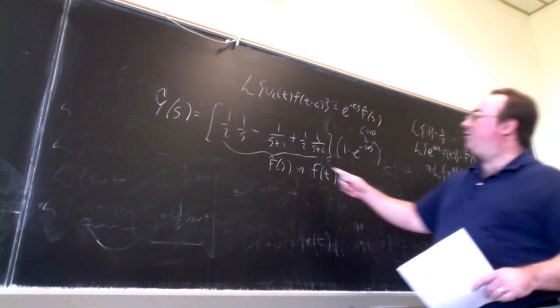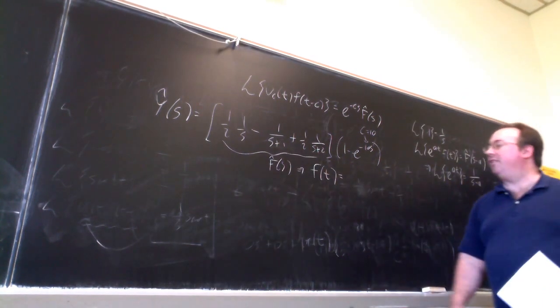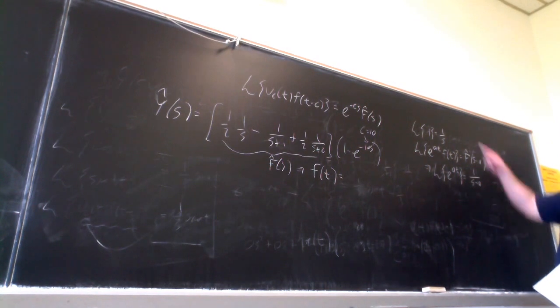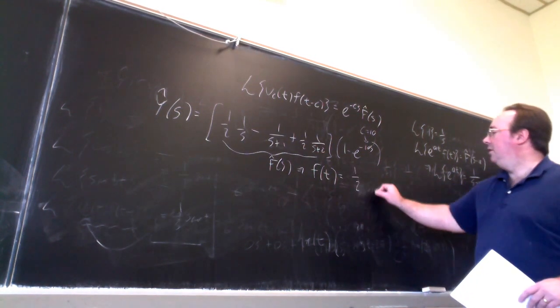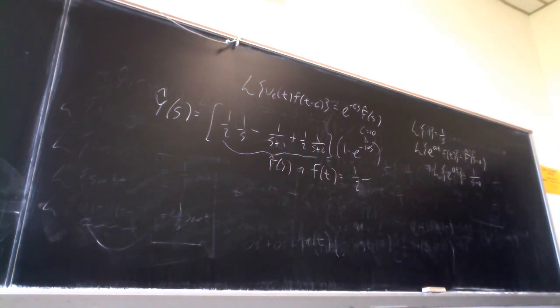So when you inverse transform, just the part in the square brackets here, using these rules, what will you get? What is e to the t? Almost. Not t, but minus t.